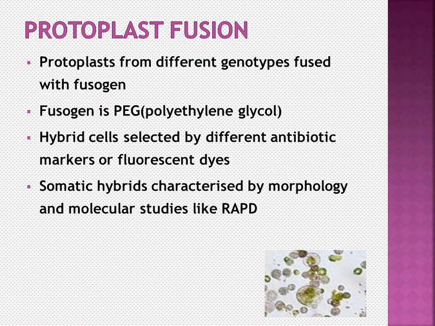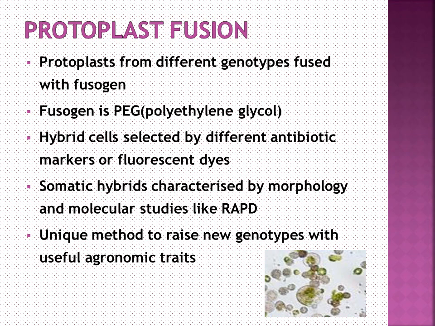Somatic hybrids thus obtained after selection are characterized by morphology and molecular studies like RAPD, random amplified polymorphic DNA. In this picture, we can see protoplast and protoplast fusion also. Protoplast fusion serves as a unique method to raise new genotypes with useful agronomic traits.